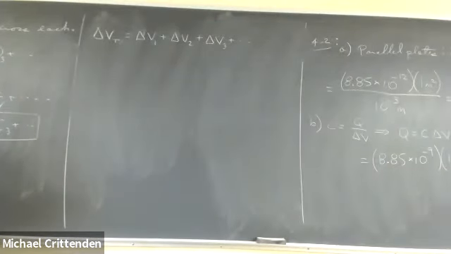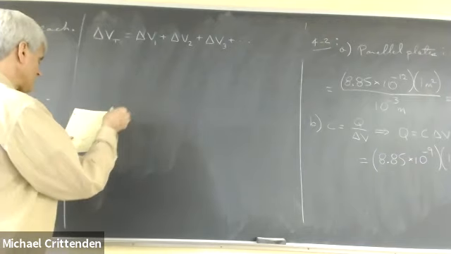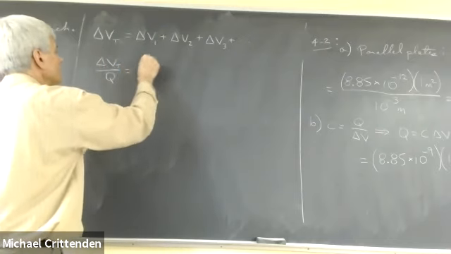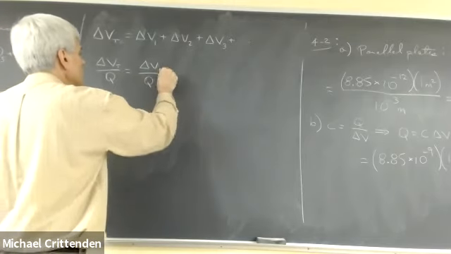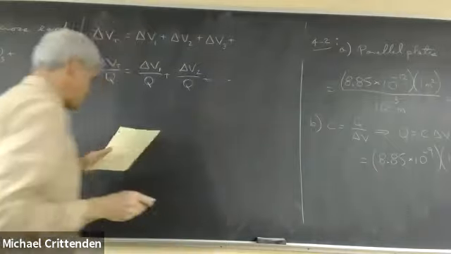Divide that through by the charge that each of them has on it. And then once again, the definition of capacitance. If Q over V is the capacitance, then V over Q would be the reciprocal of the capacitance.